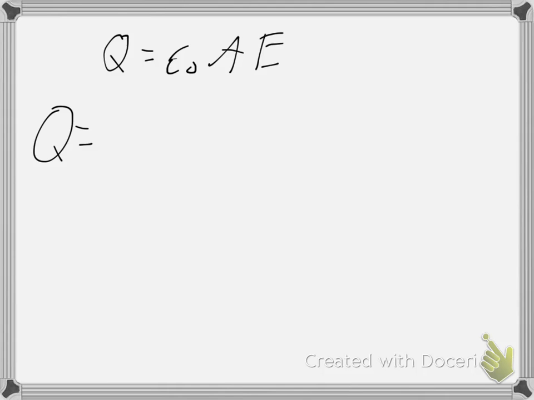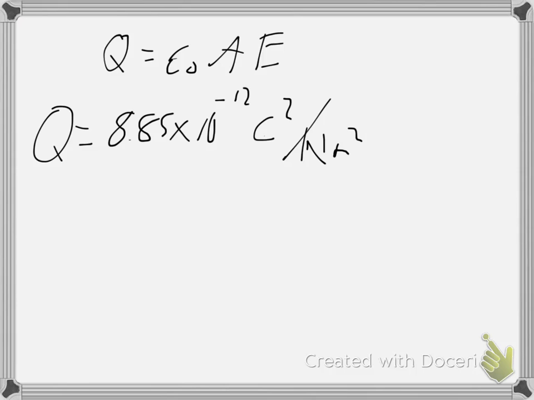So let's plug those in. Here's our formula. We're looking for Q. We know epsilon naught, which is 8.85 times 10 to the negative 12th. That is not newtons, that should be coulombs. Coulomb squared per newton meter squared. Units are not all that important on this epsilon naught.